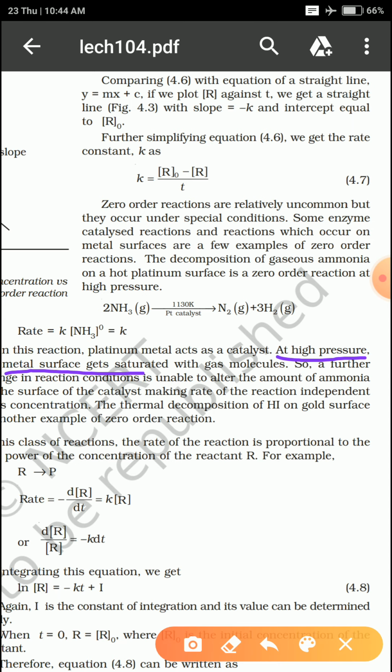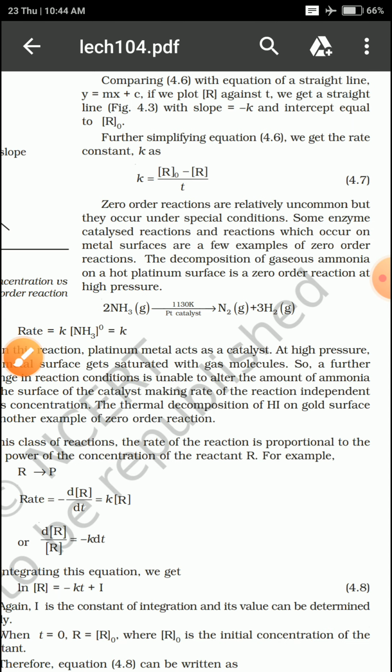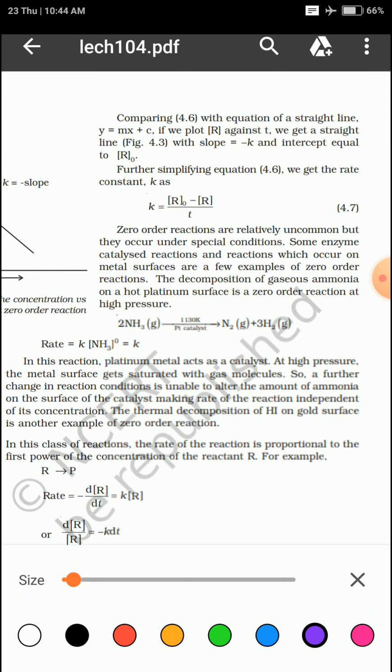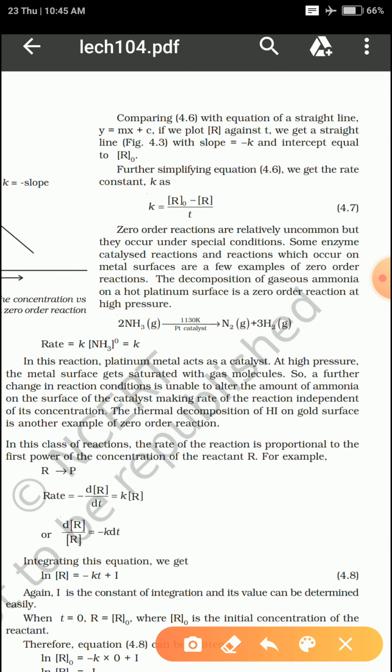So a situation comes where the rate becomes independent of the concentration of the ammonia. Because of the catalyst's presence, the reaction does not depend upon the concentration of the reactant, and it forms a zero order reaction.